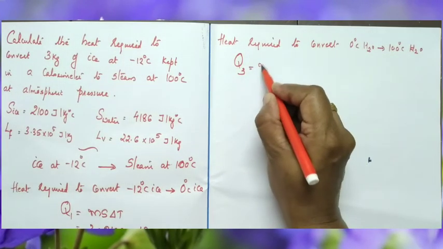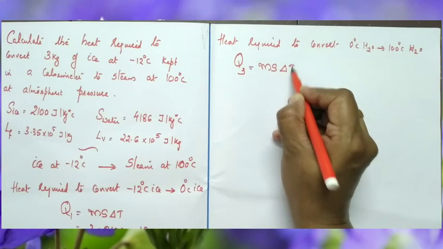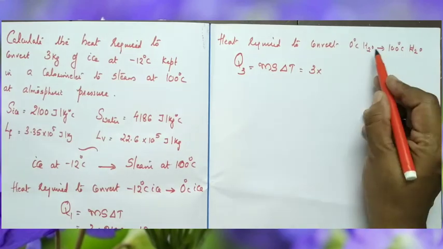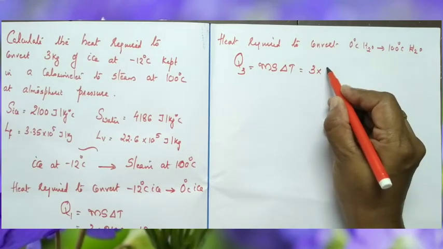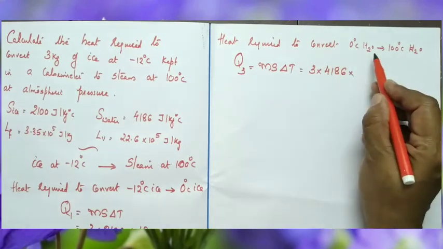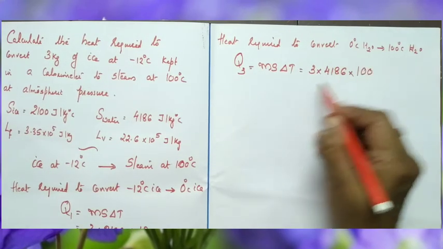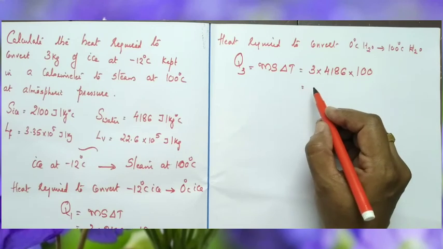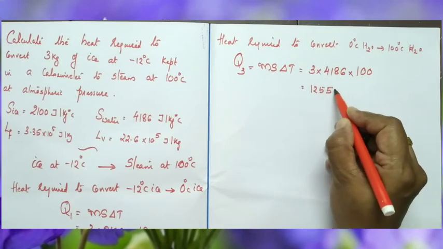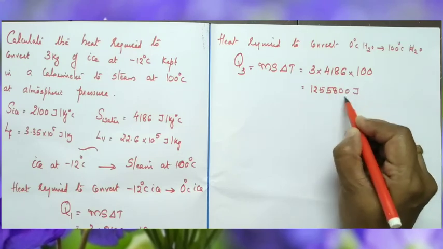So, the formula is m s delta T. Mass is 3 kilogram, here it is water, so specific capacity of water is 4186. What is the change in temperature? 100. So, the answer is 1,255,800 joules.